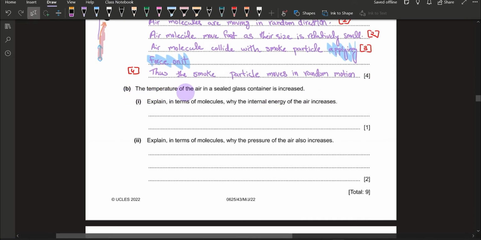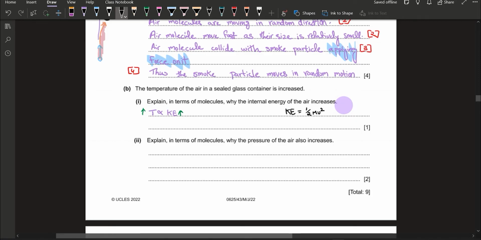Part B says the temperature of the air in a sealed gas container is increased. Part 1 says explain in terms of molecules why the internal energy of the air increases. So as we know, temperature is directly proportional to kinetic energy. As you increase the temperature, kinetic energy increases. As you decrease the temperature, the kinetic energy will also decrease. And we have the formula of kinetic energy, which is half mv square.